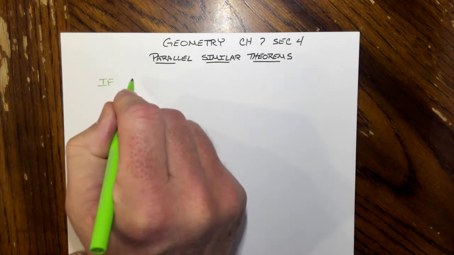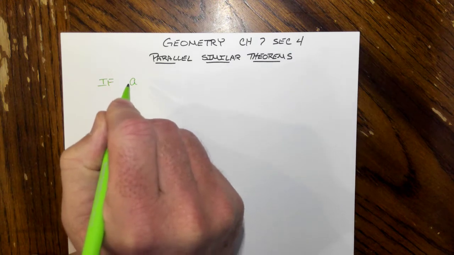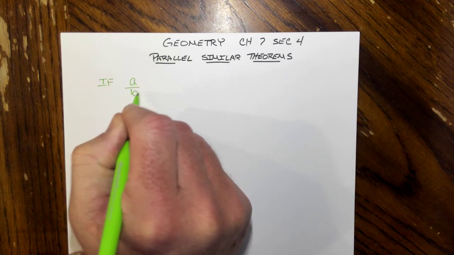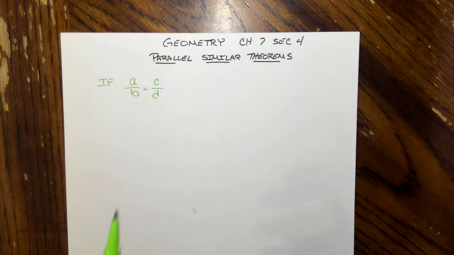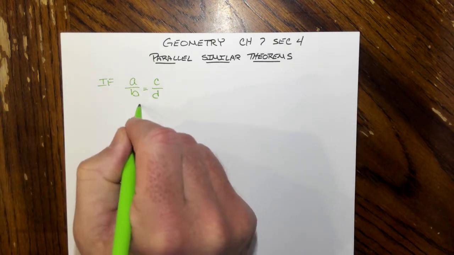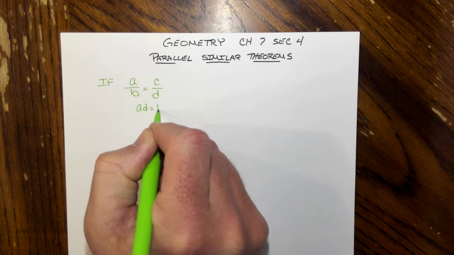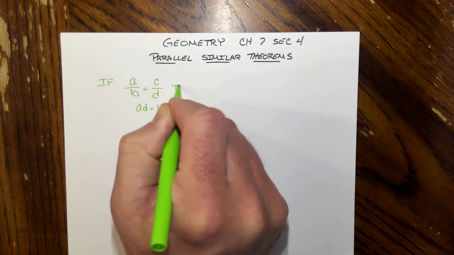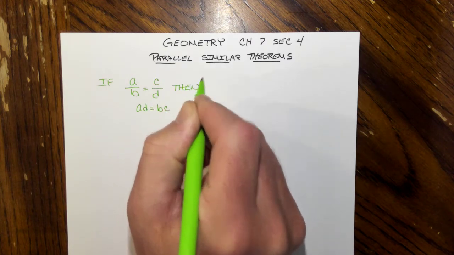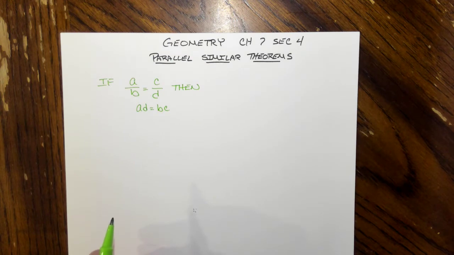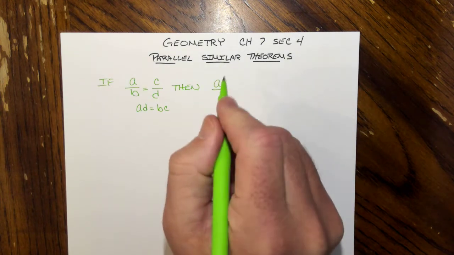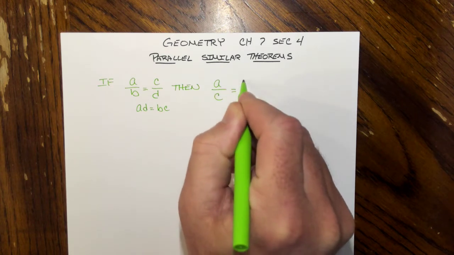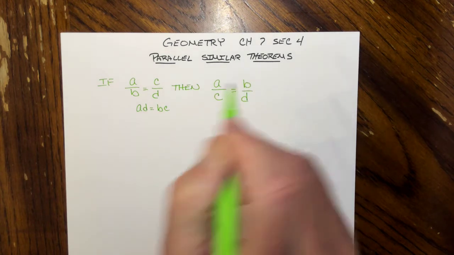If we know the proportion A to B equals C to D, cross products, AD, BC, then is A over C equal to B over D?